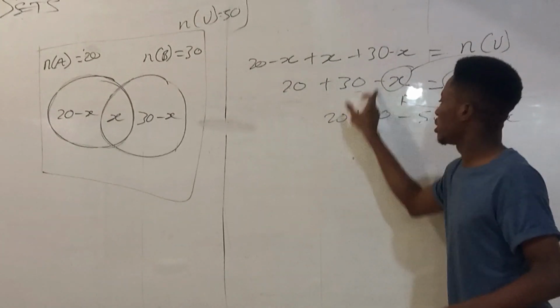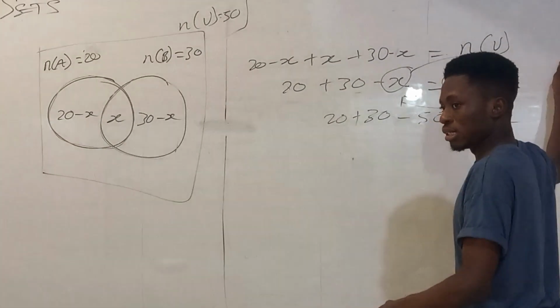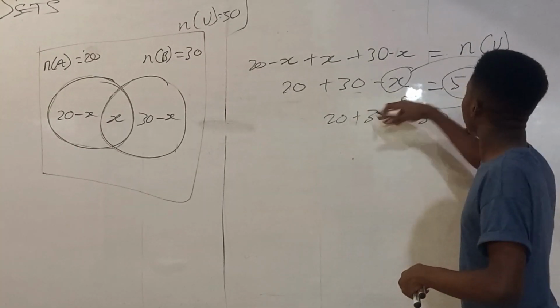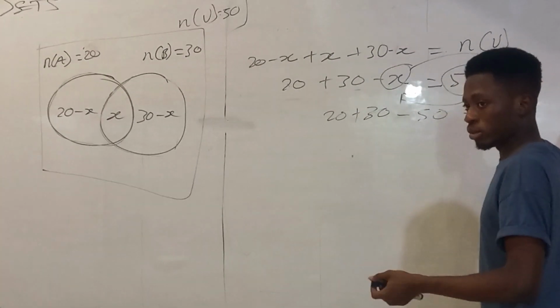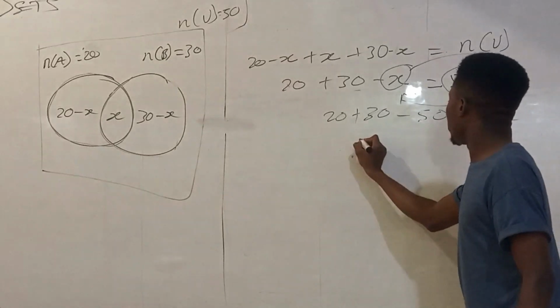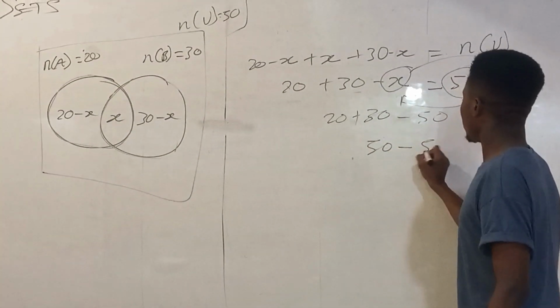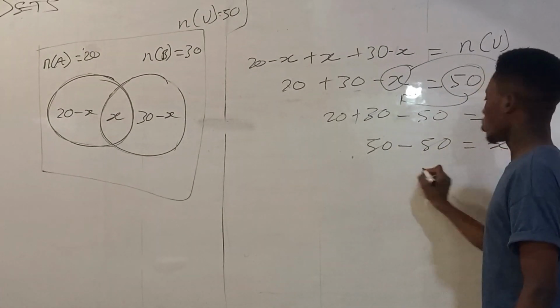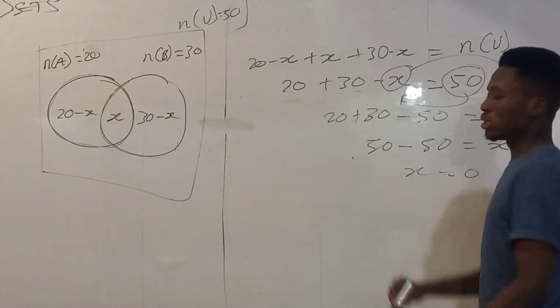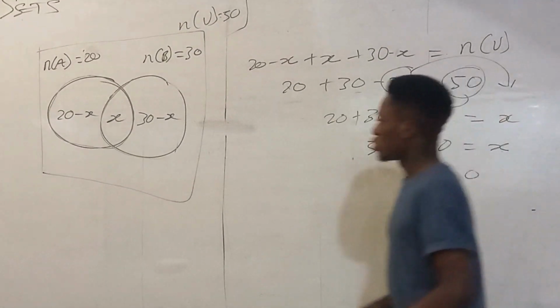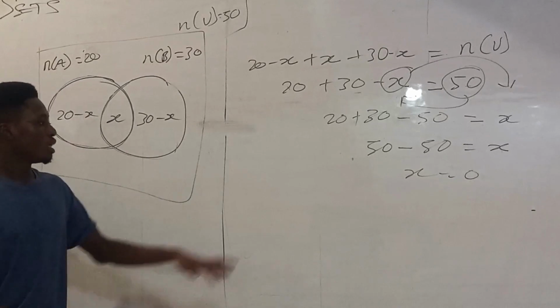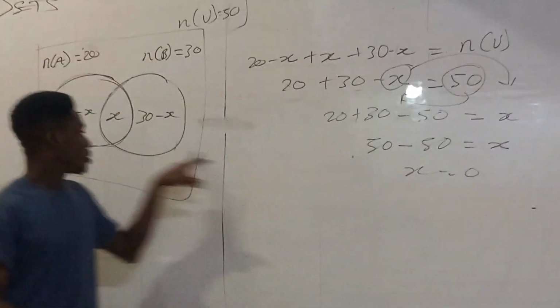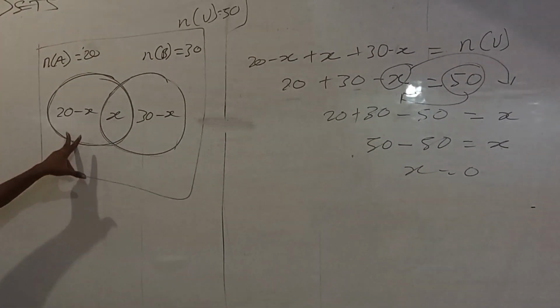So that will be x is equal to 50 minus 50. So x will be what? 0. Do you get it? So now it means that no student was reading both subjects.